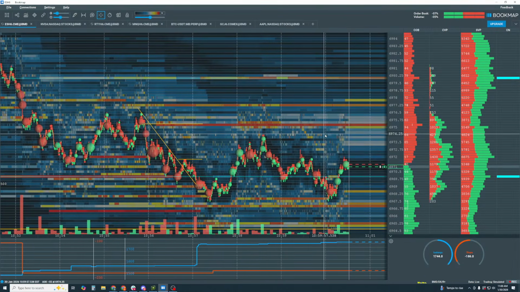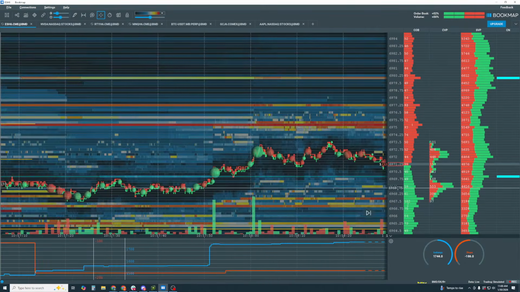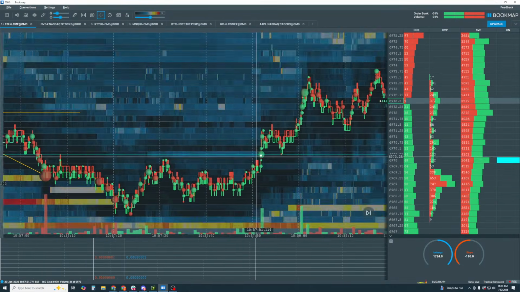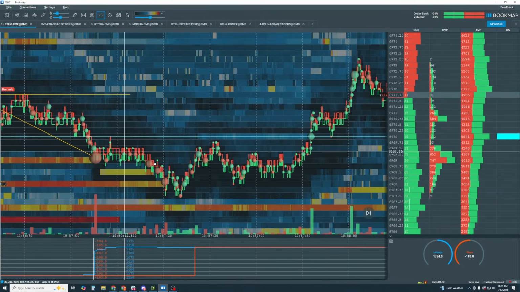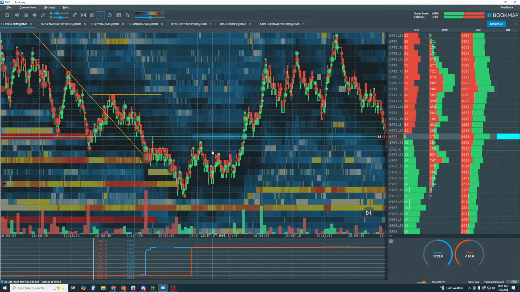Okay, so understand the reversal first. This is why I wanted to go through the trendline break accumulation reversal pattern first, because we want to understand passive accumulation.